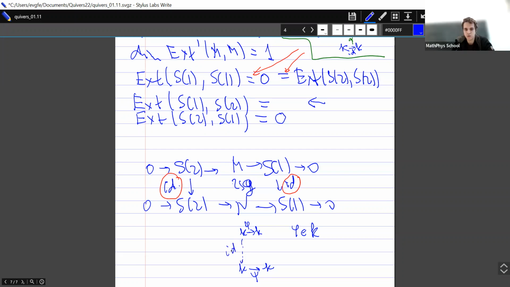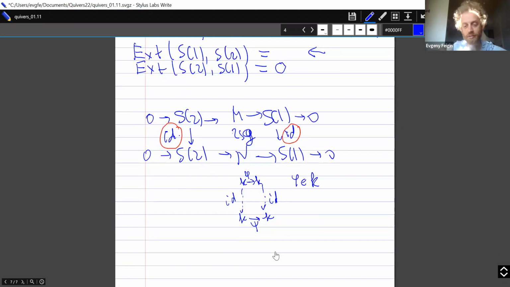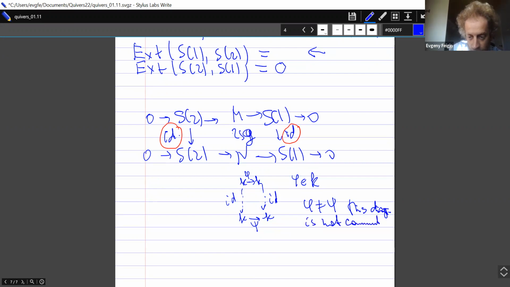I thought the diagram should be commutative, but if the scalar is 0, then I don't see how it can be commutative. Of course, this is what I'm saying, that if phi is not psi, this diagram is not commutative. You're absolutely right. So it means that different scalars define different isoclasses or equivalence classes of sequences.